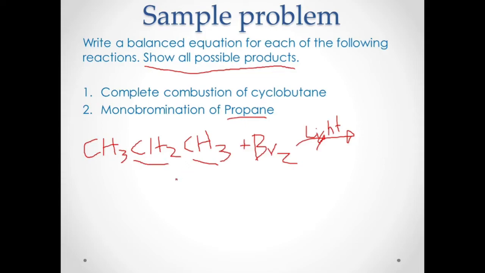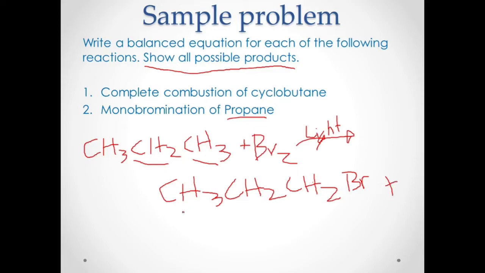So you would expect a product which is 1-bromopropane, that is CH3CH2CH2Br. Not Cl but Br, 1-bromopropane, because it's a bromination. So 1-bromopropane plus, you can also have a product which is 2-bromopropane.